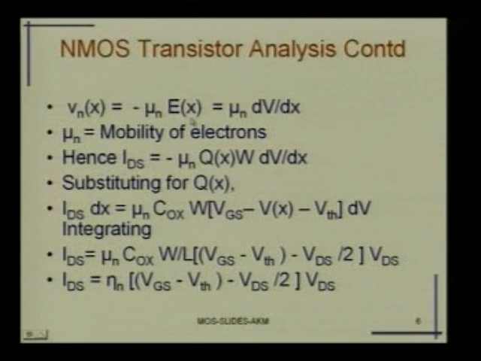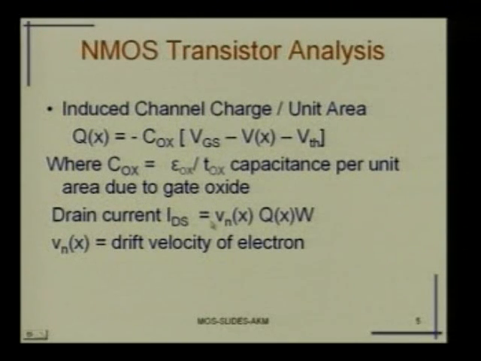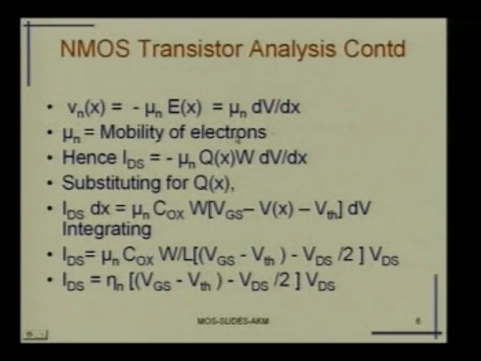Drift velocity depends on mu n and the electric field, so vx is mu n times dV/dx. The velocity depends on the mobility and the electric field, where mu n is the mobility. Mobility also will not actually be constant, but here we will assume that mobility is constant.